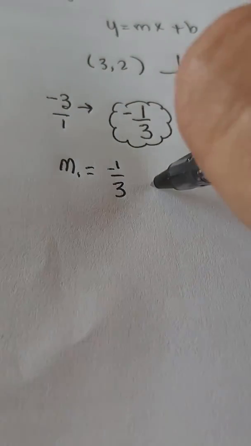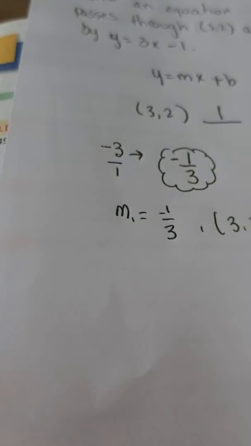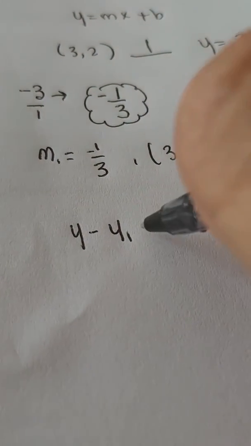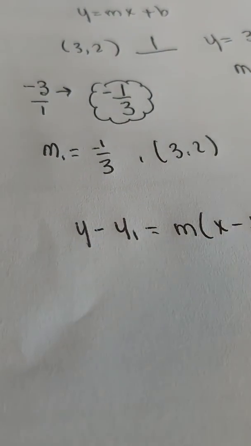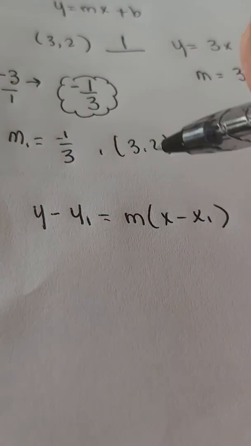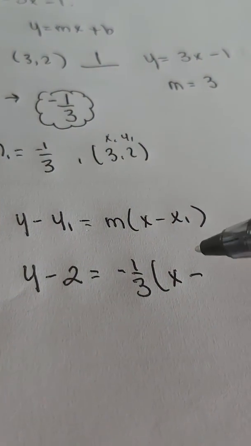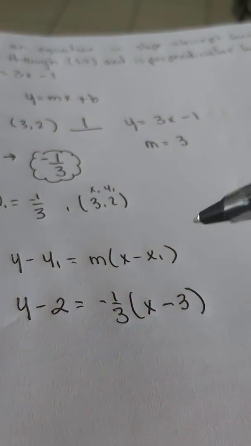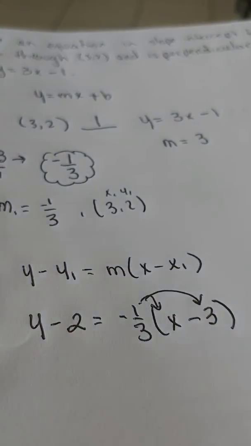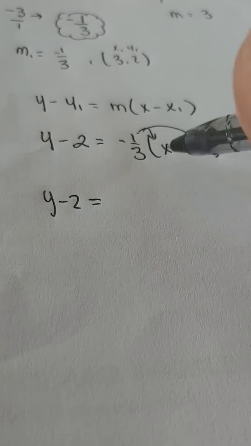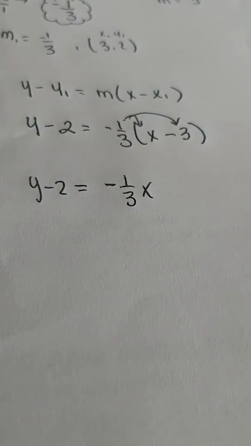Now we have the slope and the point (3, 2), so we can use the point-slope form. y minus y1 equals m times x minus x1. We substitute. y minus 2 equals negative 1/3 times x minus 3. We do the distributive property. y minus 2 equals negative 1/3 times x, negative 1/3 x.